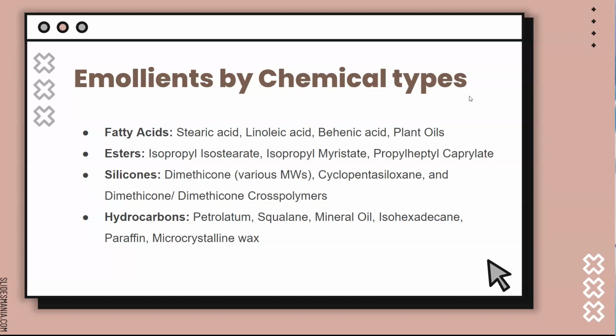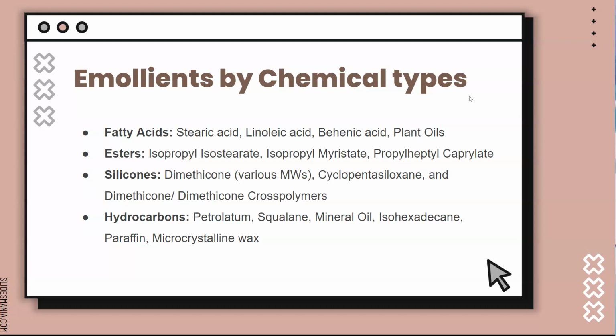We also have silicones. Silicones are also synthetic polymers that give your product or your emulsion a very luxurious skin feel. These are mostly used for anti-aging products because they can also have a mattifying effect that can blur your fine lines and wrinkles. And they just give a very silky, powdery, matte, luxurious skin feel to an emulsion.